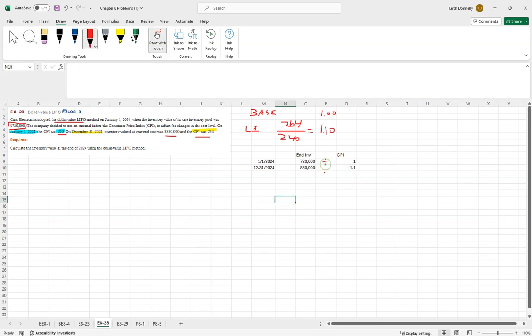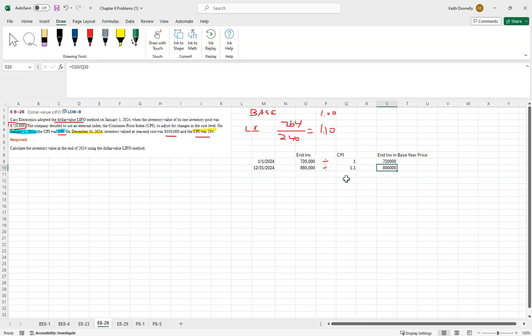We're going to divide, and that will give us our ending inventory in base year prices, to be able to compare these. So 720 divided by 1 makes sense, it's 720. If we do 880 divided by 1.1, it's going to be 800,000. We're trying to get an apples to apples comparison here.